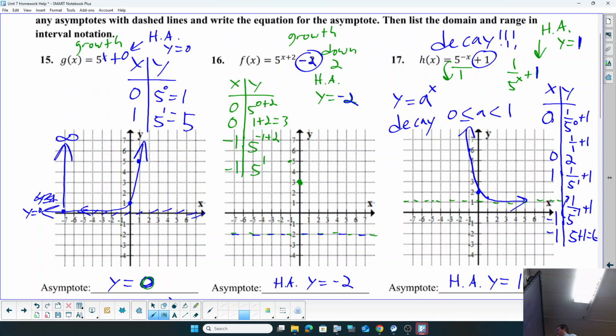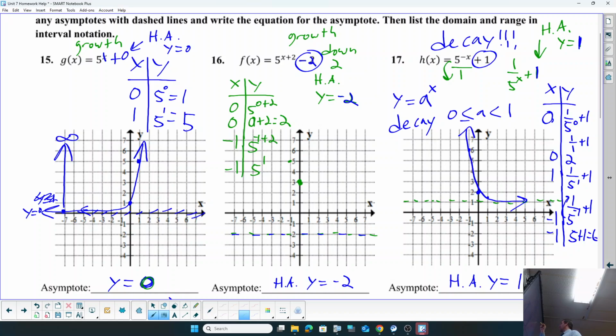This isn't looking right. Plug a 0 in, you get 0 plus 2, and 0 plus 2 is 2. And so then what is that? Let me see. So that's -1 plus 2.